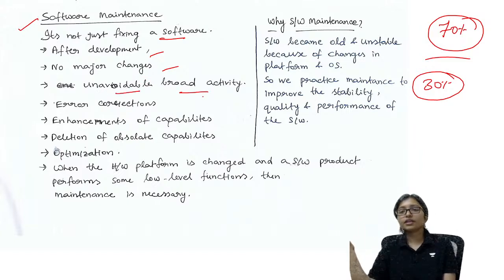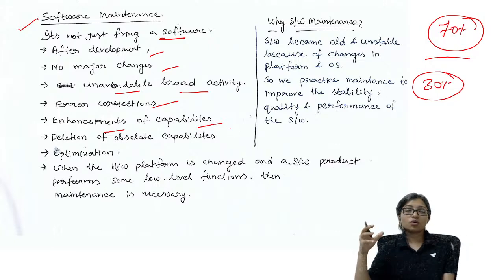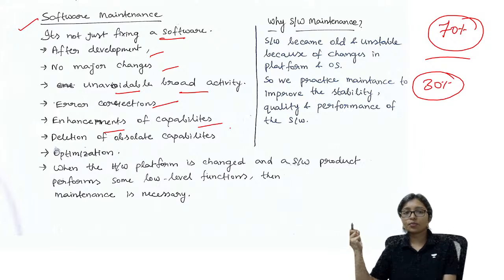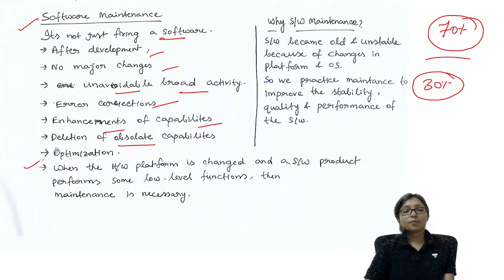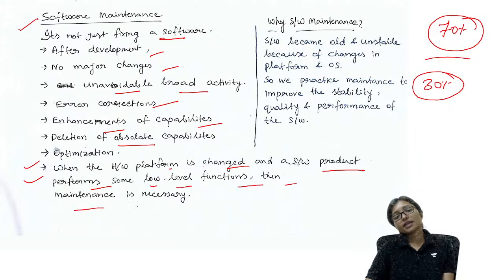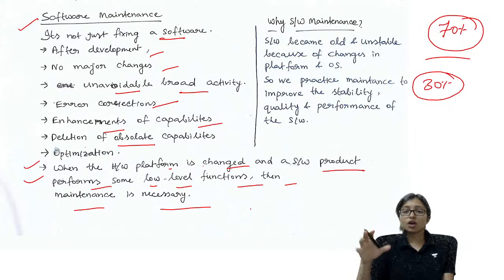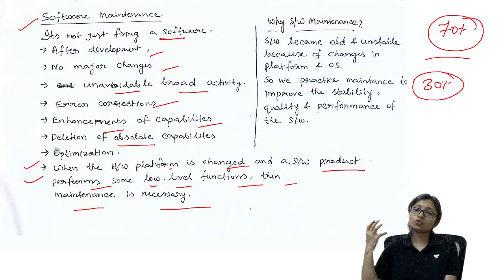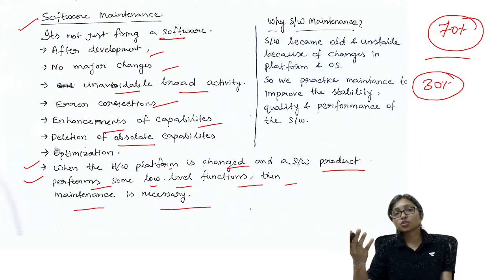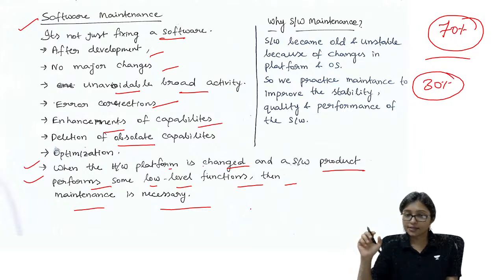It includes error correction, enhancement of capabilities, like when the workload is more and it is not performing well, and deleting obsolete capabilities that the user does not use. Also optimization, and when the hardware platform is changed, the software needs maintenance, and maybe we have to re-engineer the product also. That is also part of maintenance.